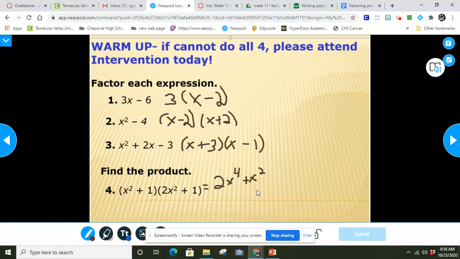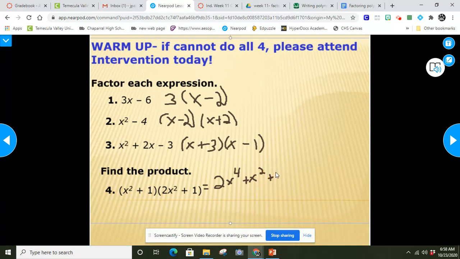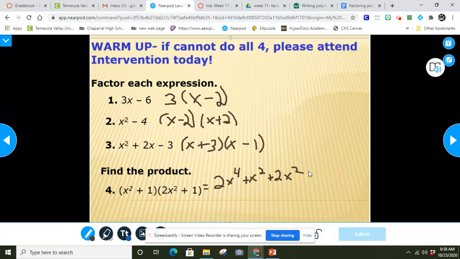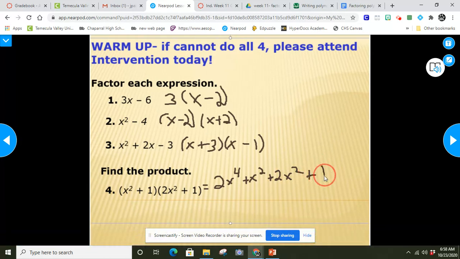Then I get 1 times 2x squared, that's 2x squared. And then 1 times 1 is 1. Now I look, do I have any like terms? I do, right in the middle, so I combine my like terms. 2x to the 4th plus 3x squared plus 1.